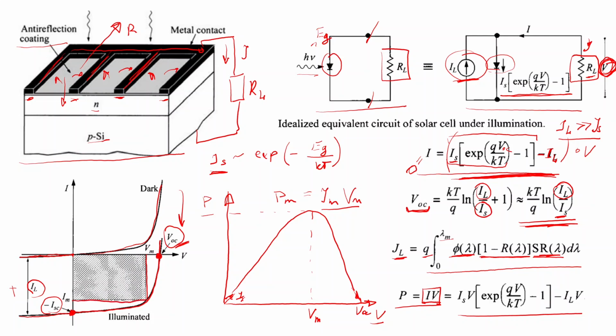When the combination of this large, the product gives maximum product, we get maximum electric power extracted from the solar cell.